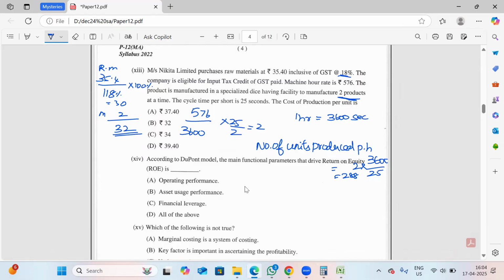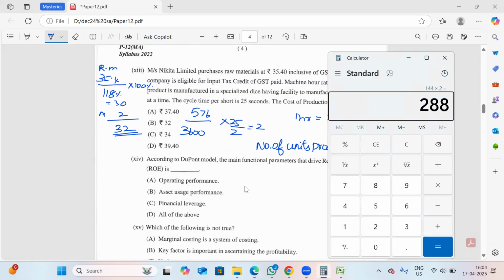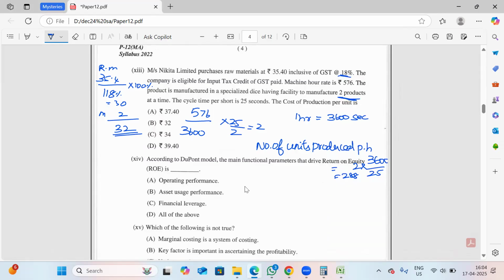So 576 is for 288 units. So 576 divided by 288 will come to 2 rupees again. So 2 rupees per unit. So total cost will be 32 rupees.